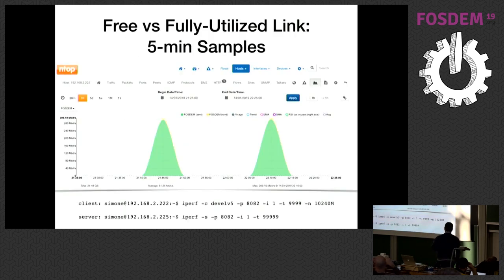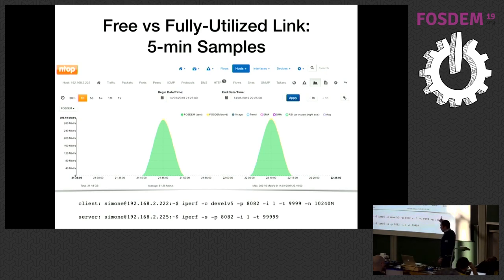So let's start with the 5-minute samples. The first bell-shaped curve that we see in this chart is the metric of traffic captured during the 10 gigs transfer with a free link.